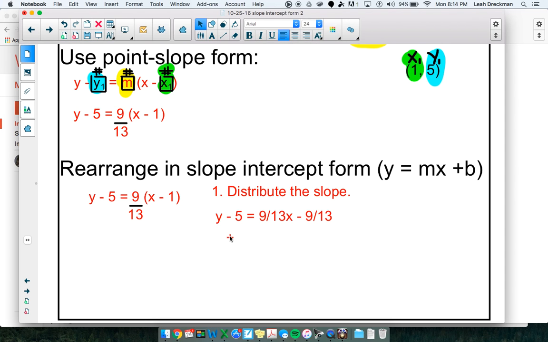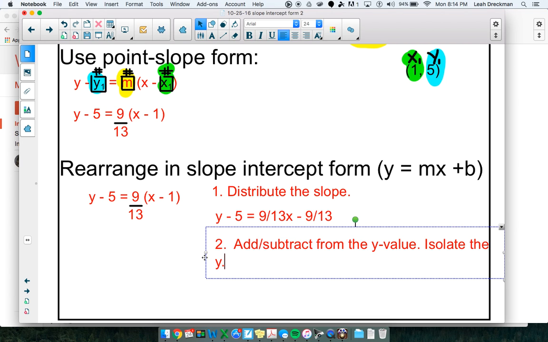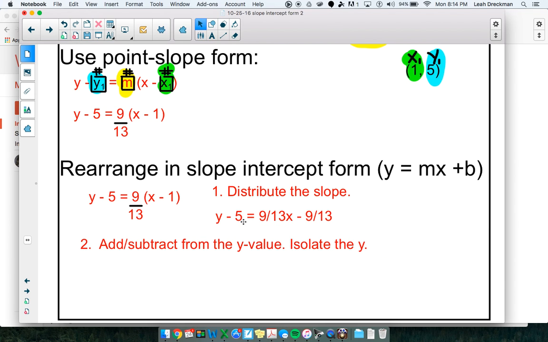So actually, let's write down step number 2. So after you distribute the slope, then you're either going to add or subtract from the y value. In other words, isolate the y. All right, so down here, again, I'm just going to copy this.